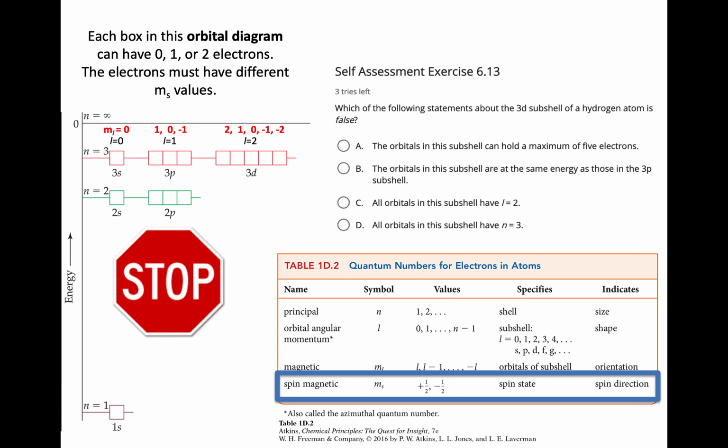You could have 0 electrons, it could have 1, or it could have a maximum of 2. The electrons that we placed in there are going to have different m sub s values. That's our last quantum number, m sub s, referring to what's called the spin. Each of these boxes then can hold up to 2 electrons. With that information, see if you can answer this question.